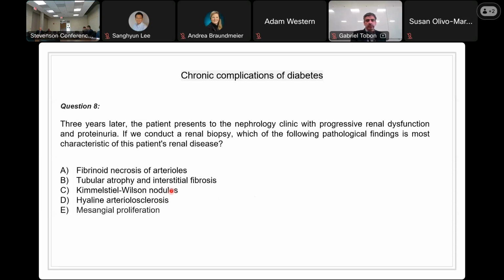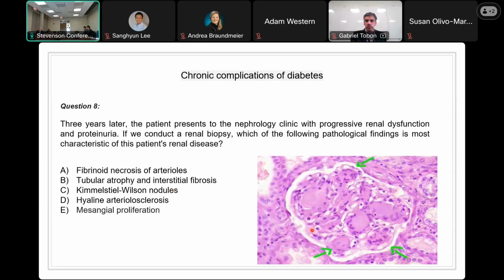And the right answer is C, the nodules here that are extremely characteristic. And this is a very ideal point for the board exam. So we are using the same case to evaluate diagnosis, complications, treatment, and physiopathological aspects.